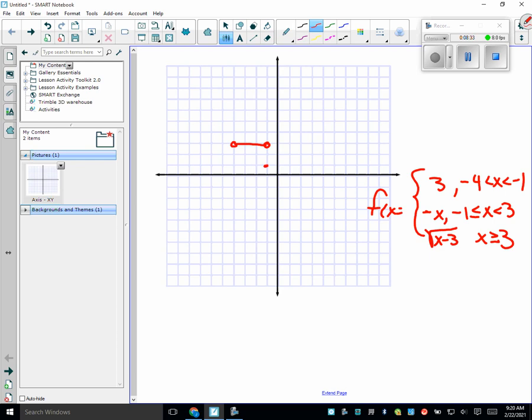So it's going to be a point there. When x is 3, what is y? -3. With an open circle? So it looks like that.